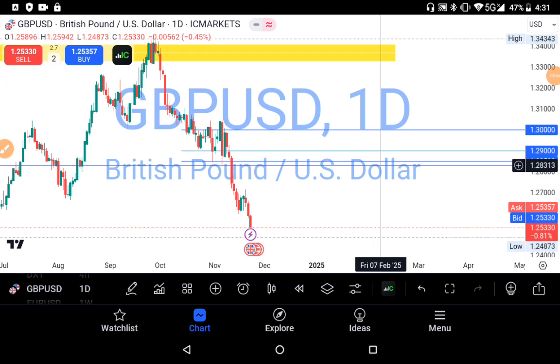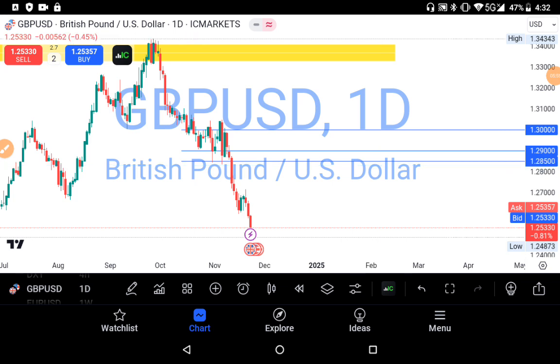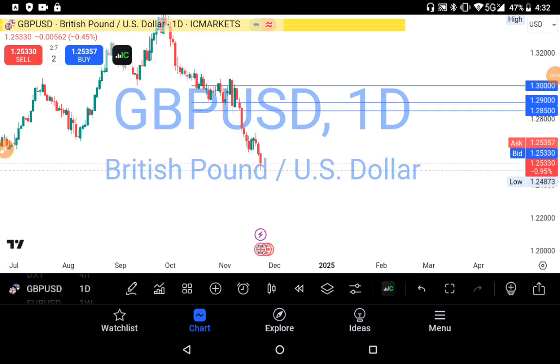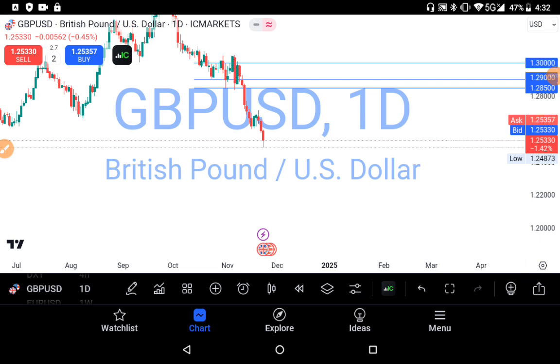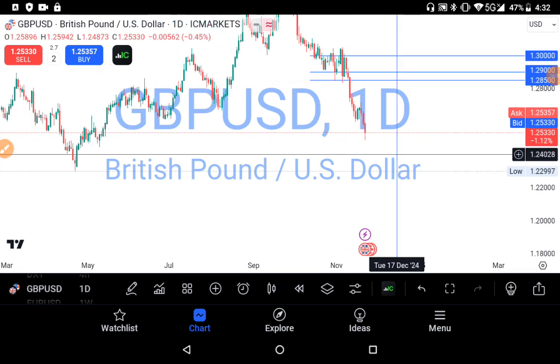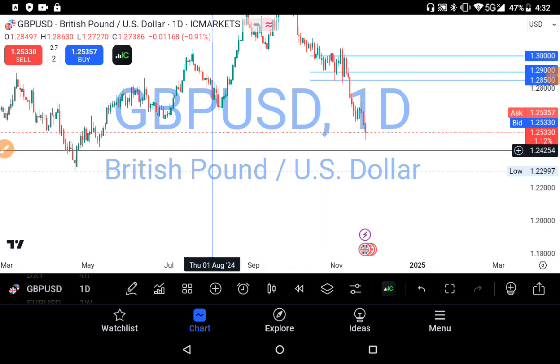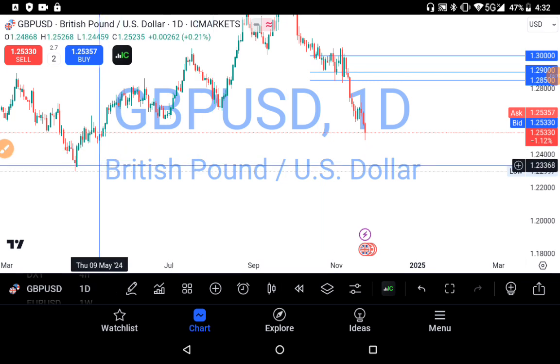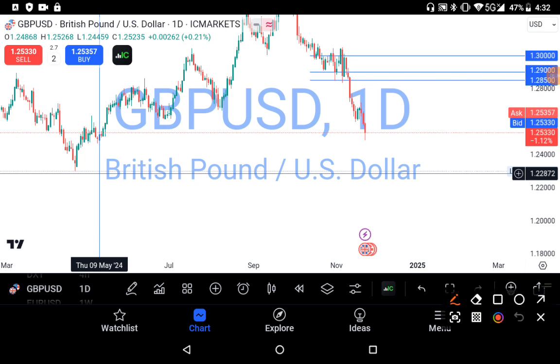As of last week, I was interested in 1.25,000, and if you can see a movement into 1.24459, which happens to be the low of that candle.